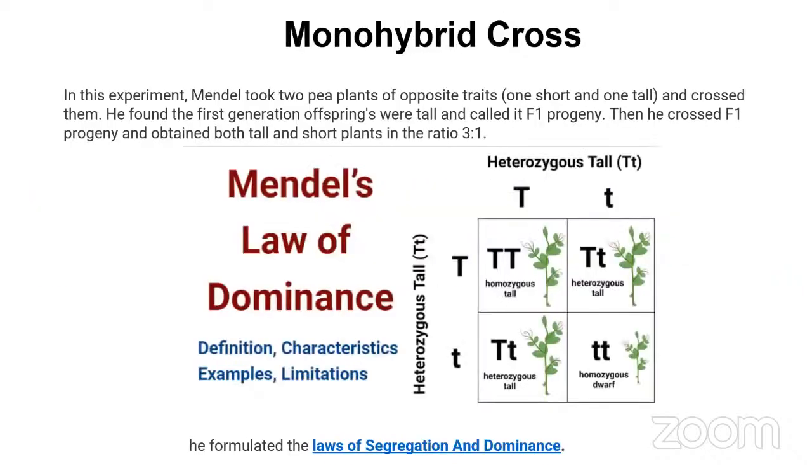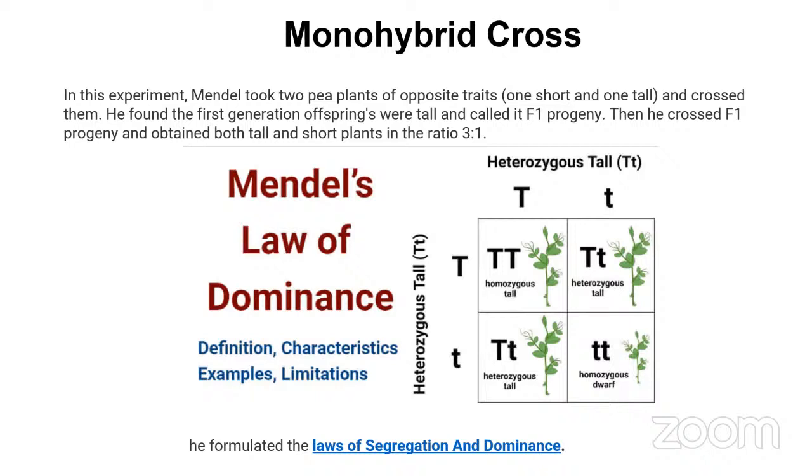If you look clearly at the phenotype, when both T are capital, the plant was tall. When one capital T is present along with one small t, again the plant is tall. That means the phenotype determined by capital T is dominant over small t.